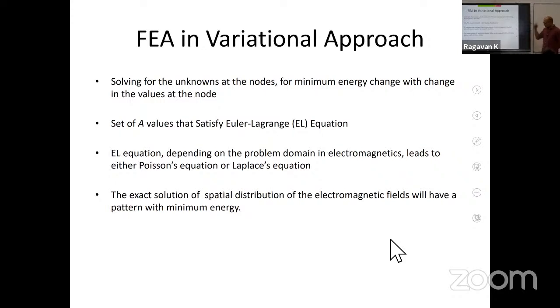One important point: yesterday I was asking how we justify that the field pattern should go through the low reluctance path. Is it there in the Maxwell equations, or is it an additional equation that we use to justify that?